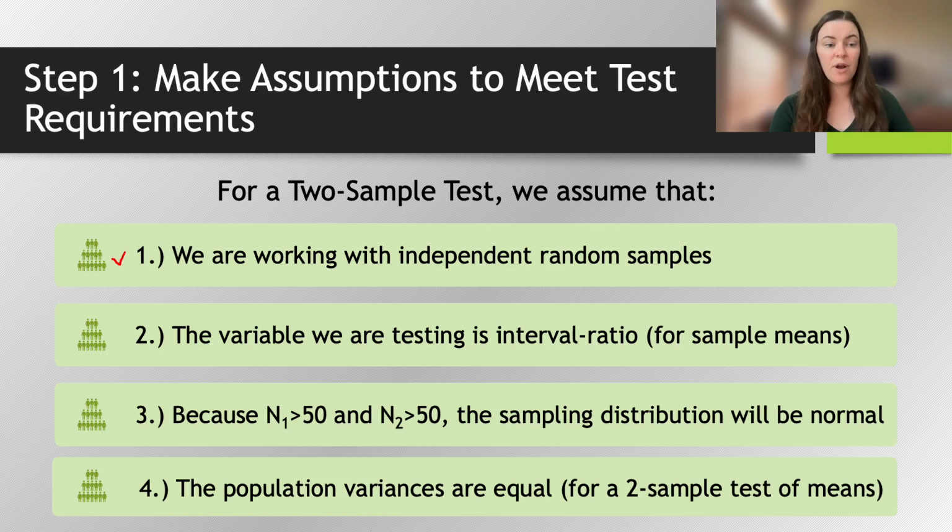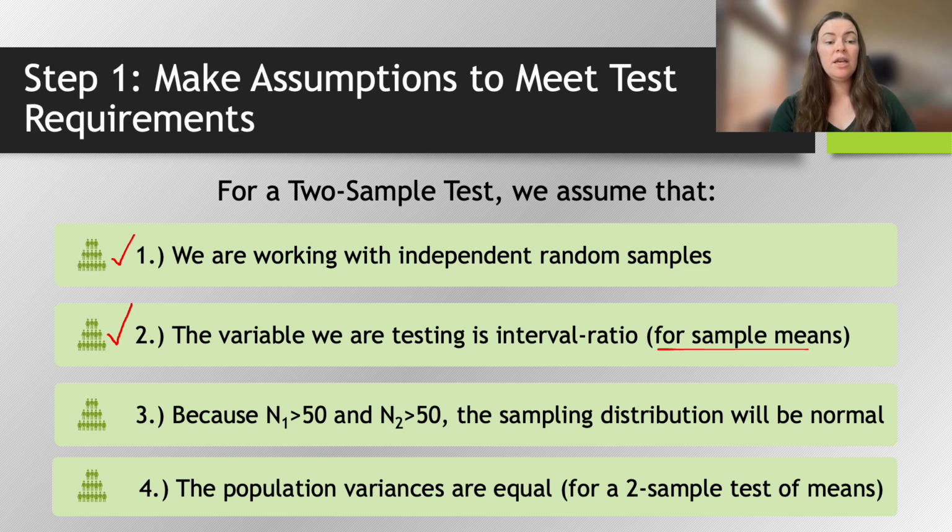We can check this one off right away because each district is independent from one another. The second is that the variable we are testing is interval ratio. So this is specific to sample means. It would be a nominal level variable if we were dealing with proportions. We can check this one off as well because we are dealing with sentence lengths, and that can be measured in either months or years, and either of those are interval ratio in nature.